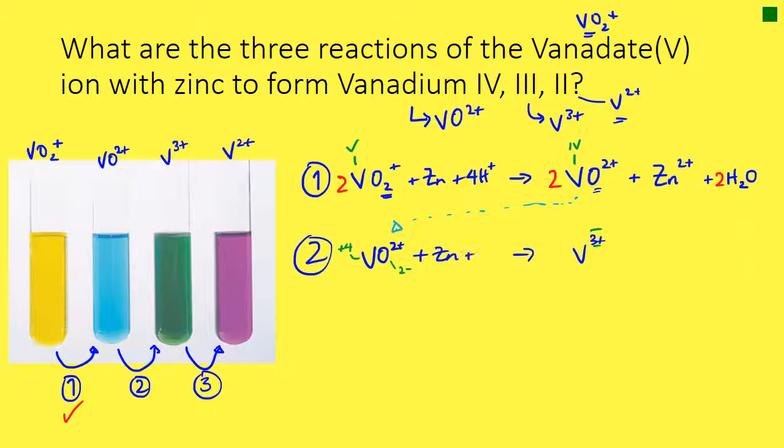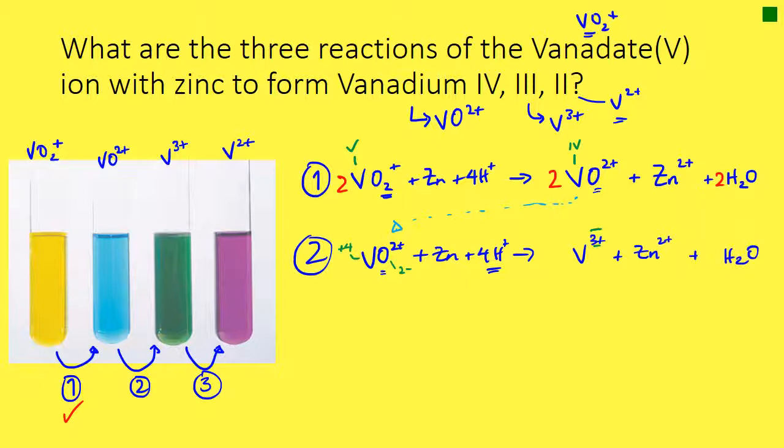also in acidic solution. And when our zinc gets oxidized, it's going to turn into a zinc 2+ ion. And in the same way as this oxygen has been removed from the vanadium, it is going to be removed by reacting it with the acidic hydrogen ions to make water molecules.